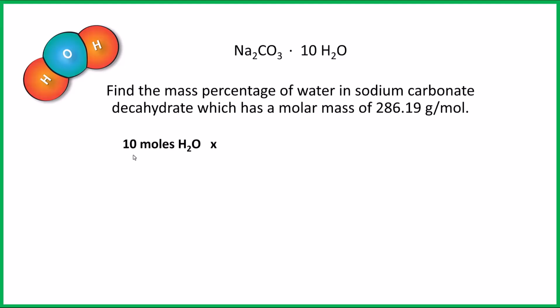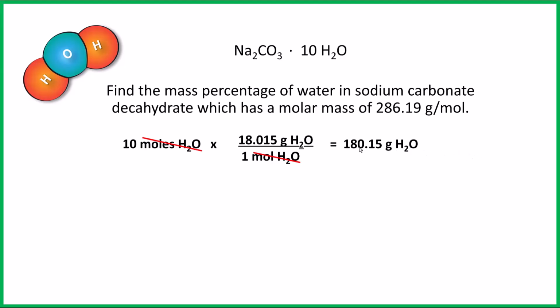I want you to find the percentage of water. So we're going to start with 10 moles of water because there are 10 moles of water per 1 mole of sodium carbonate. And then we're going to use the molar mass of water to convert this to grams because we are discussing the mass percentage. So we need to convert here to mass first. And so we're going to cancel out moles and we end up with the mass of water in this compound, which is 180.15 grams.